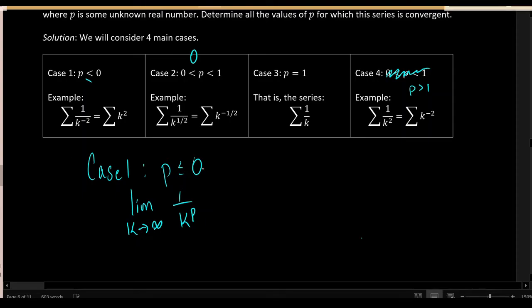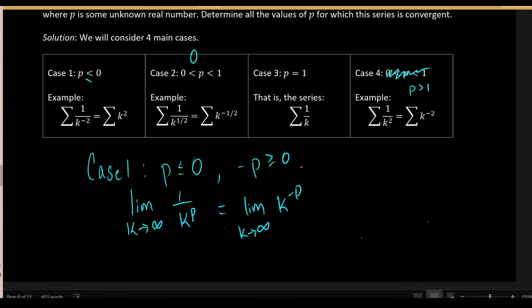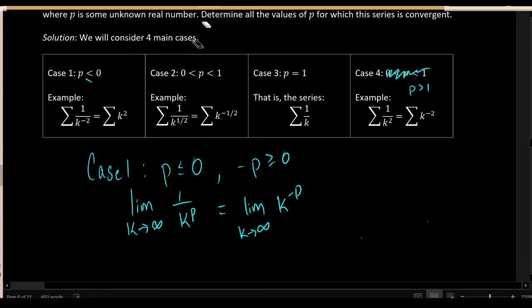If the power p is less than or equal to 0, then the power negative p must be greater than or equal to 0, which means that I am taking the quantity k and raising it to a positive power. As k gets larger and larger and larger, k to a positive power is going to get larger and larger and larger. Which means that this limit definitely does not converge to 0.